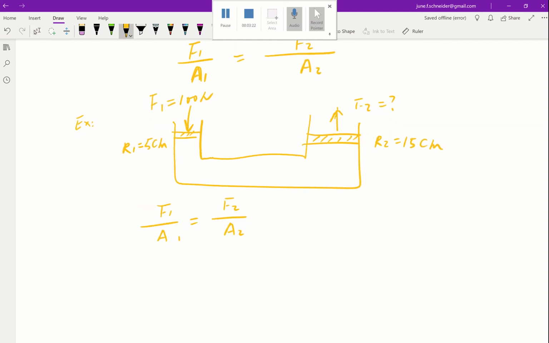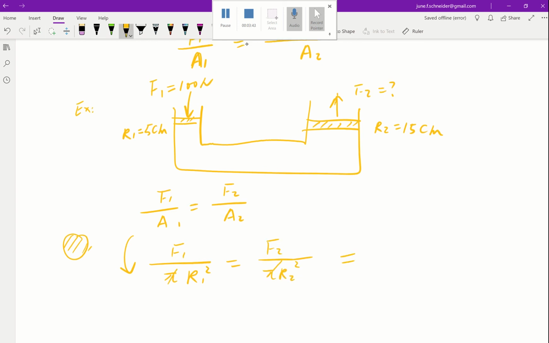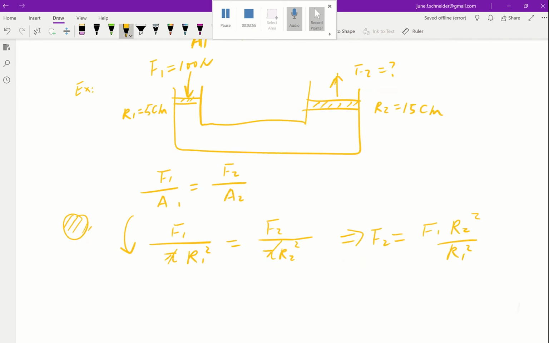Before we put our numbers in, I want to derive this equation first. If this is a circular cross section, then my cross section A1 is going to be pi r1 squared, and A2 will be pi r2 squared. Then we can cancel out the pi. What we're trying to solve is F2. So cross multiply: F2 will be equal to F1 times r2 squared divided by r1 squared.